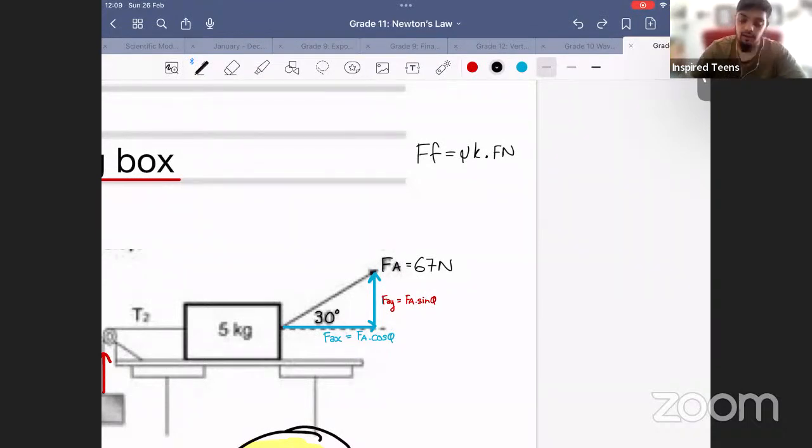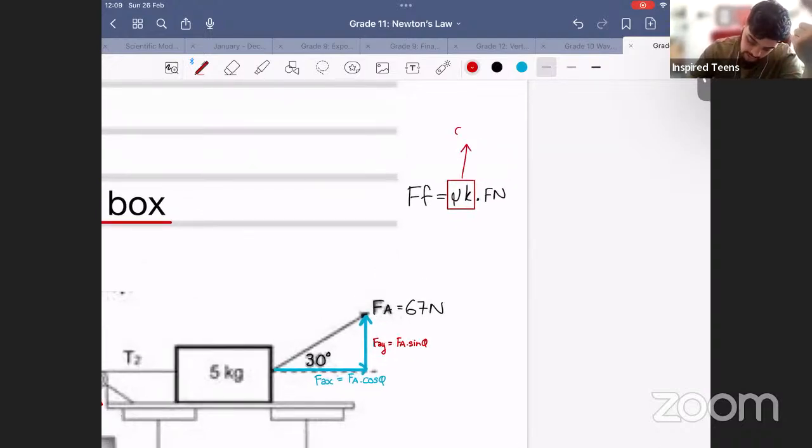Let me explain. Firstly, mu K is a constant that tells us how much friction there is between the object and the surface. So it will never change, and that's not going to affect FF. Great, so FF hasn't been affected so far.